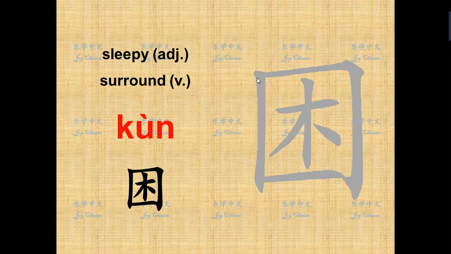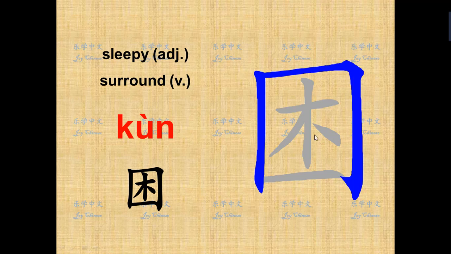The way it is written is like this: start from the left, then we go here. This is the second stroke. We don't close this gate yet. We go inside first. So it goes left to right, top to bottom, inside and then outside, gate last.